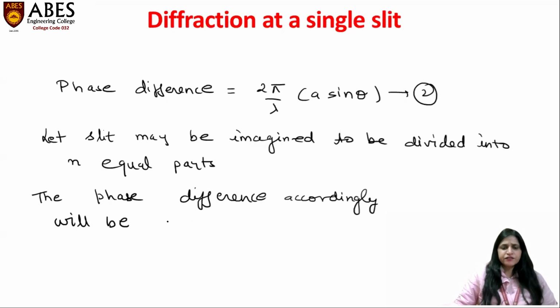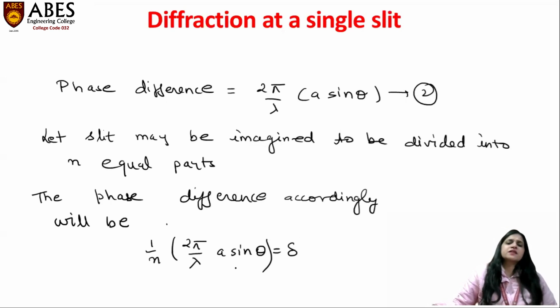If we are calculating the phase difference from any two successive parts of the slit AB, then the phase difference accordingly will be 1 by n times 2 pi by lambda a sine theta, which is equal to delta. Okay, so we are considering this as the phase difference.